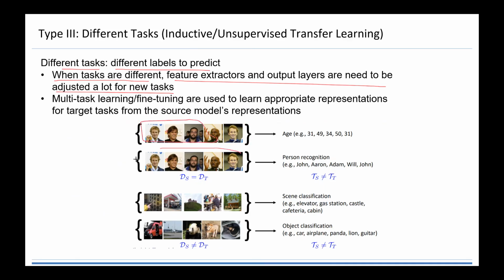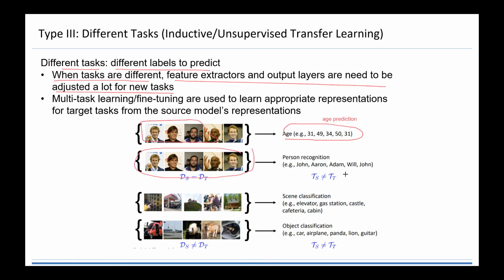So here, with the same data, first, I want to check the age prediction. So in the image, we can do age prediction. Okay, this person is 31 years old, maybe this person is 49 years old, this person is 34 years old, and so on.